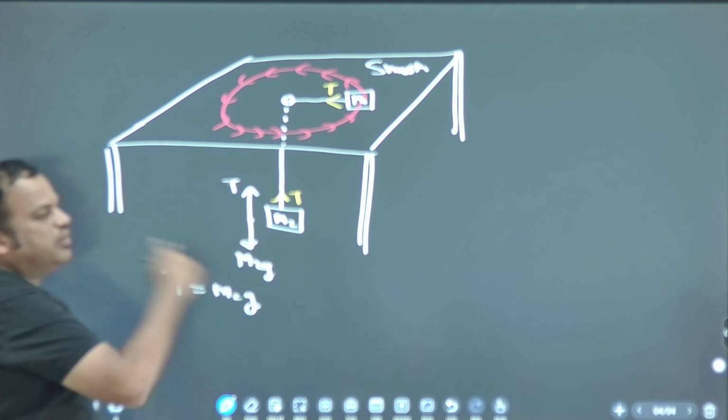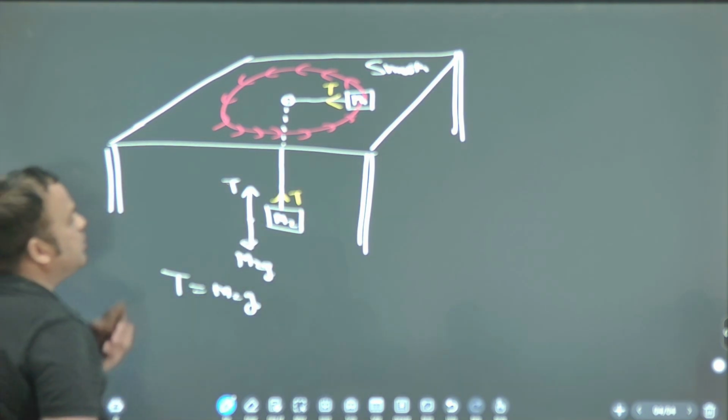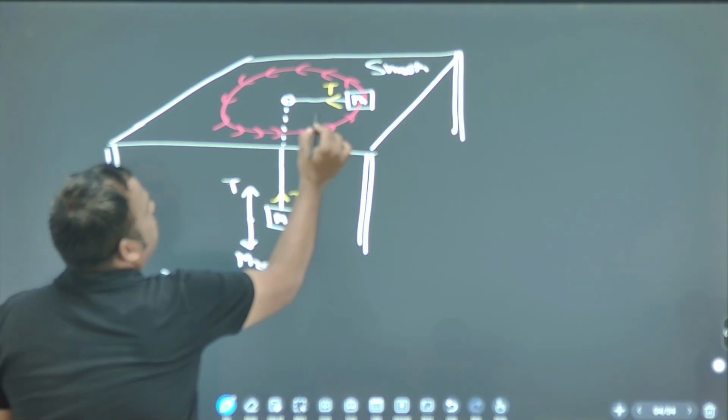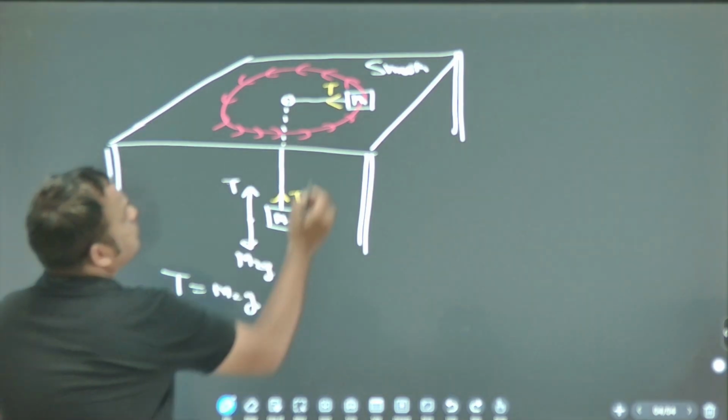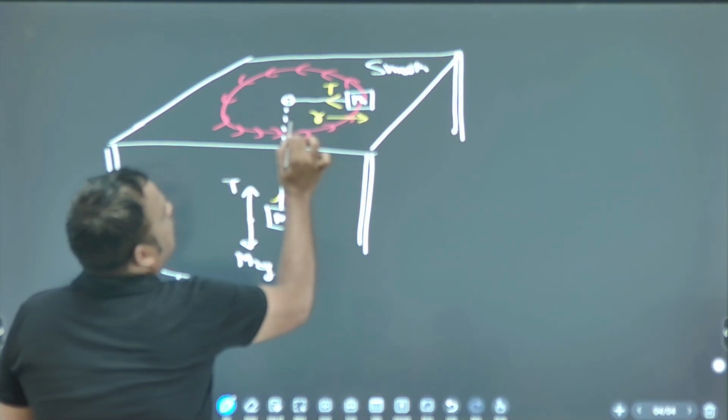This block is performing circular motion. Now the radius of that circular motion is r. This radius is r.